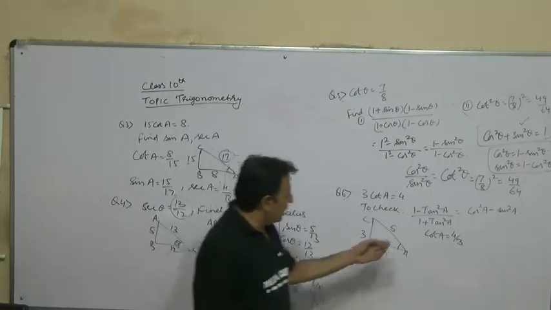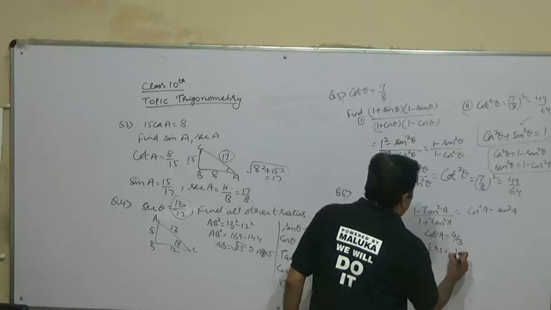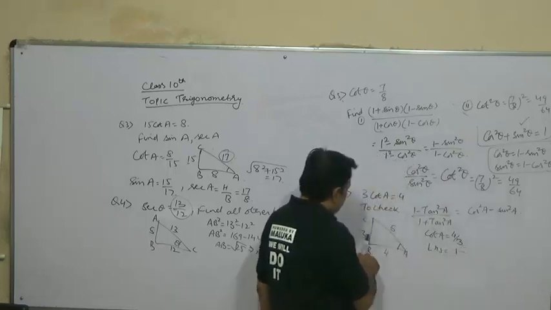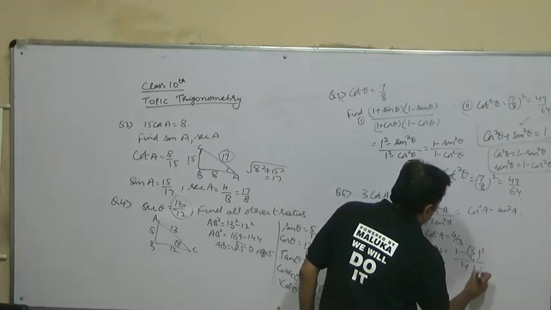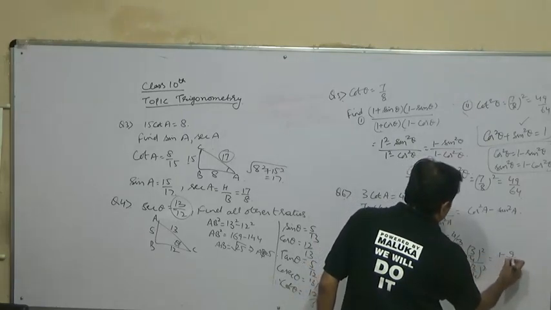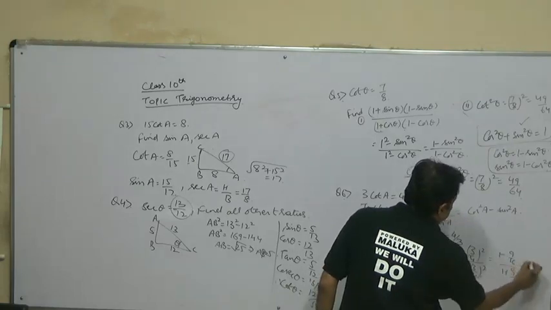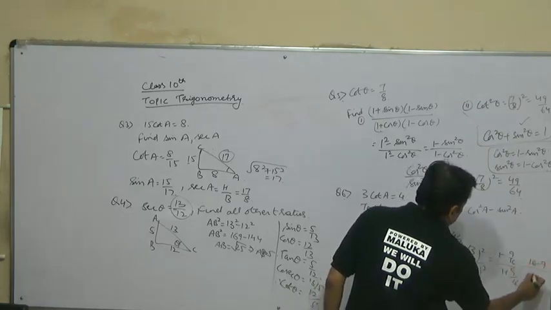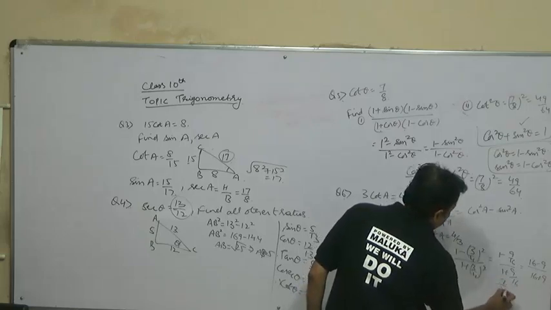So then we can write here left hand side we can check, which is 1 minus 3/4 whole square upon 1 plus 3/4 whole square, which comes out to be 1 minus 9/16 upon 1 plus 9/16, multiply by 16. So this will be 16 plus 9, so this turns out to be 7/25.